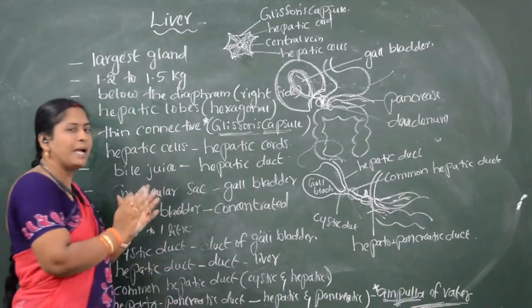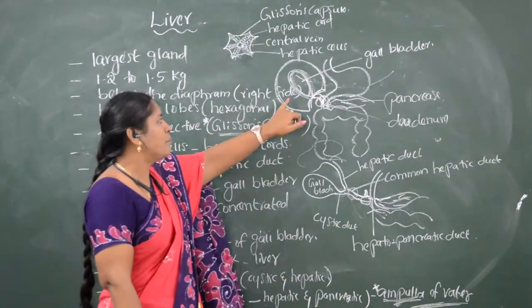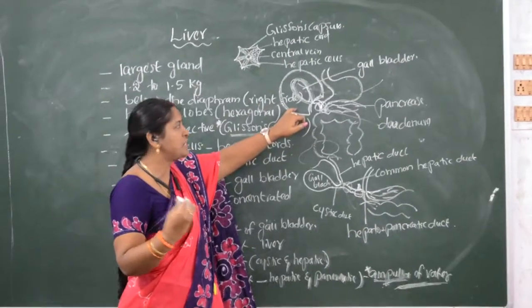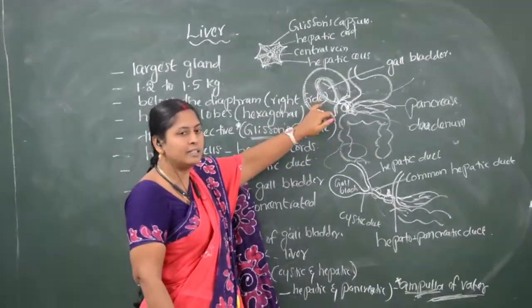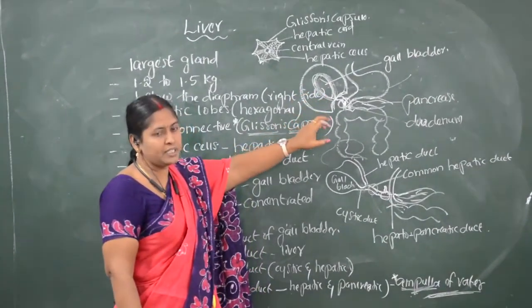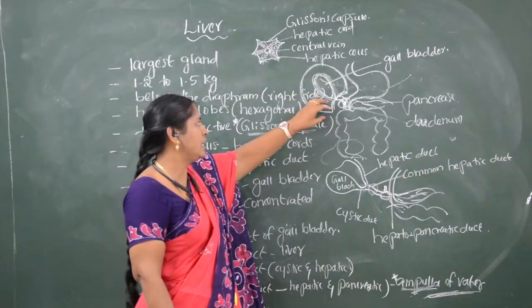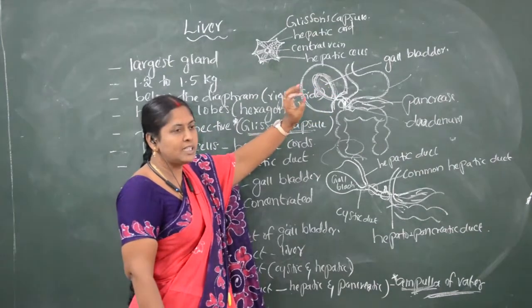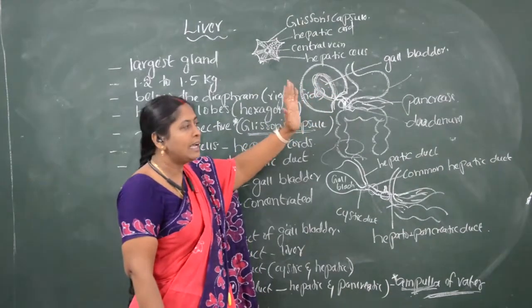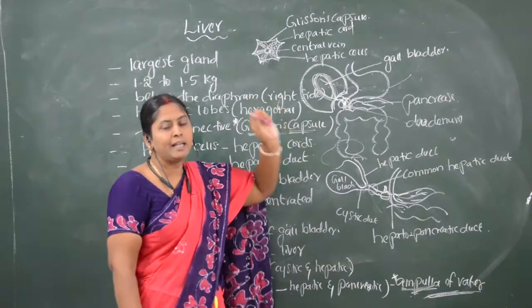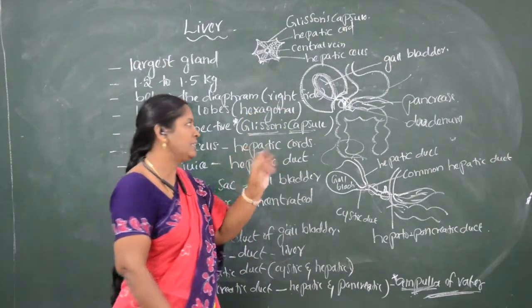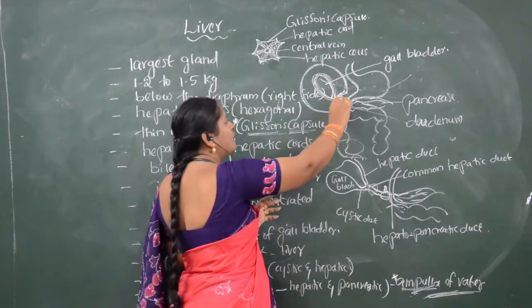While storing the bile juice in the gallbladder, the bile juice is concentrated. Very important, children, bile juice is concentrated in the gallbladder. This concentrated bile juice comes out through a duct called cystic duct.